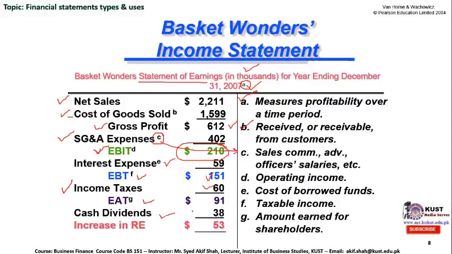So here we got another idea that cash dividend is paid out from income statement or net earning after taxes, which is $38,000, and the final amount left over with the company is $53,000, since these values are in thousands. And this leftover amount is known as increase in the retained earning.